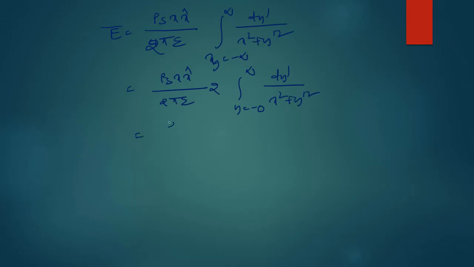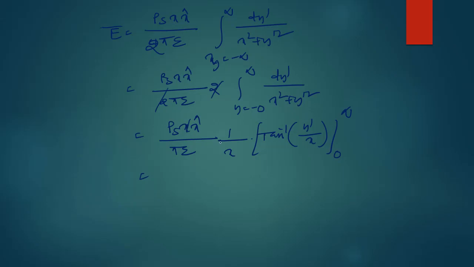Because it is an even function, we can take 2 times the integral with y dash changing from 0 to infinity. So it is rho s x x cap by 2 pi epsilon, the 2 cancels, and you get pi epsilon. The integral of this particular form is given by 1 by x into tan inverse of y dash by x, where the limits are 0 to infinity.